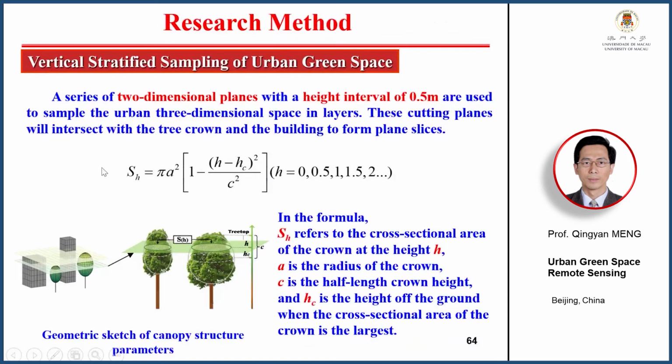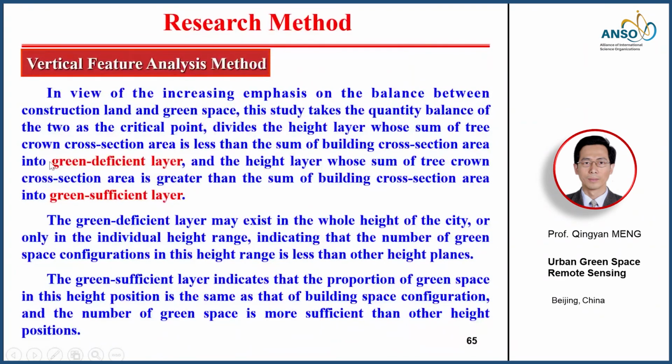Each one refers to the cross-section area of the crown at that height. Then we can get the vegetation area, and we can get the buildings' cross-section area. Then we can conduct the vertical feature analysis.